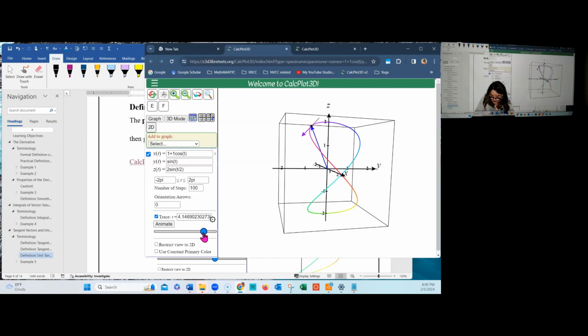If I had it facing the same direction, that unit tangent vector would always be the same length. It looks like it's growing and shrinking because of the three-dimensional element of the graphing in CalcPlot 3D. But in fact, it's always a length of 1.